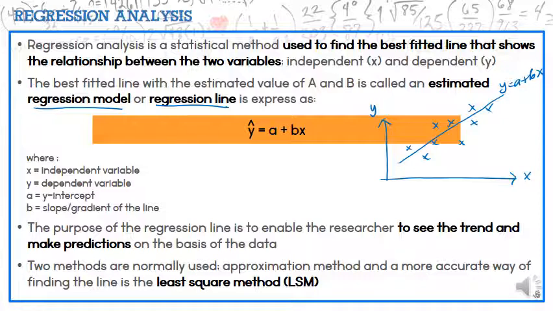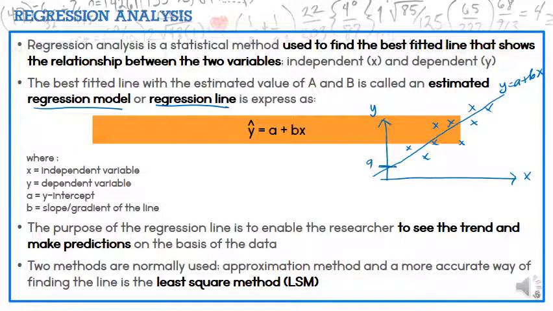So this line is called the regression line or regression equation or sometimes we call it the best fitted line or least square line, where X is your independent variable, Y is your dependent variable, A is your y-intercept, and B is your slope. So A is the y-intercept, this one is A.